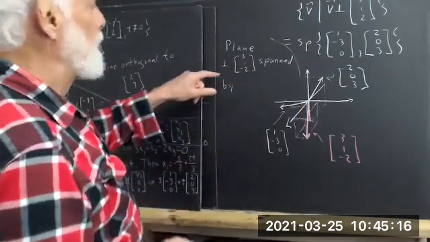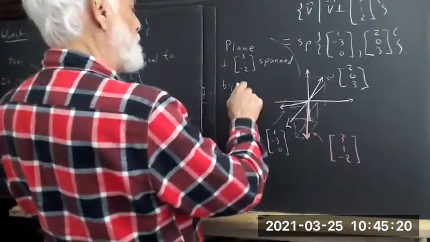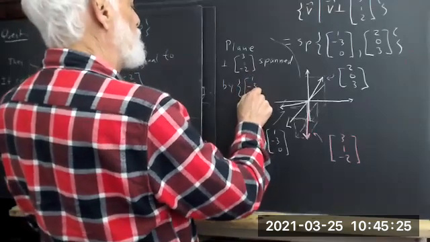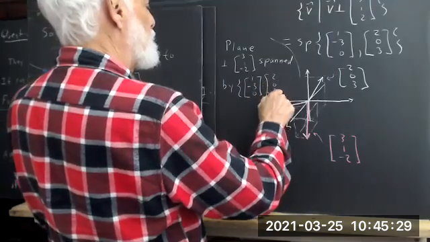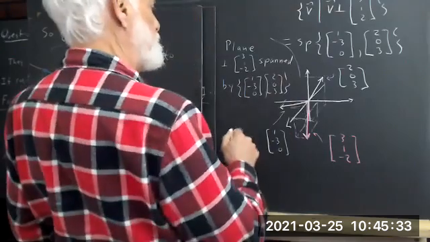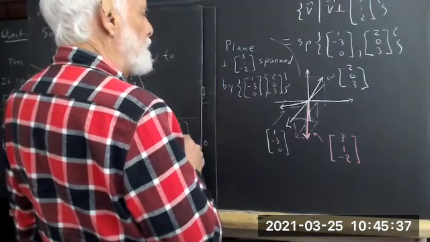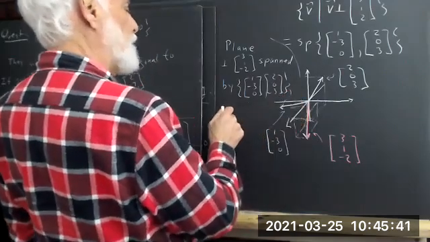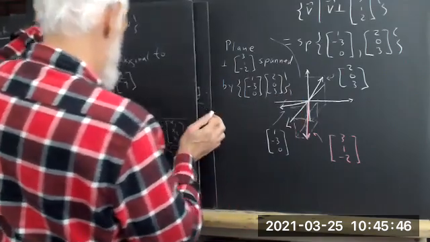Okay, the plane perpendicular to 3, 1, -2 is spanned by the set 1, -3, 0 and 2, 0, 3. And this is a subspace.